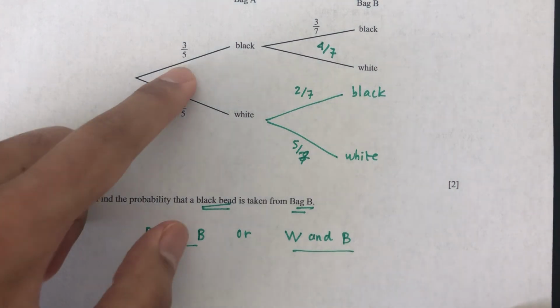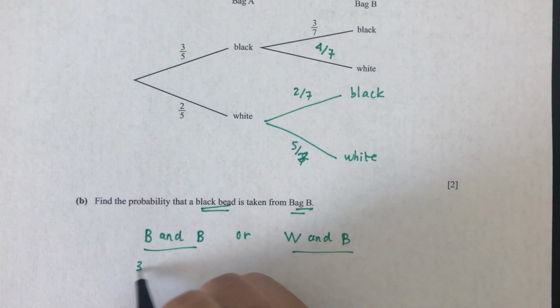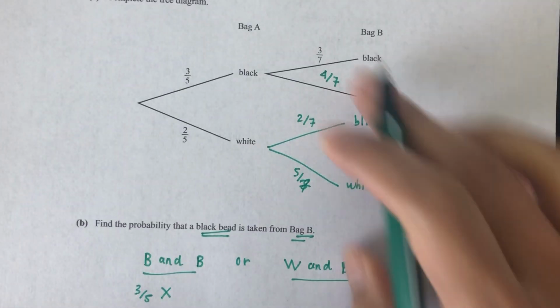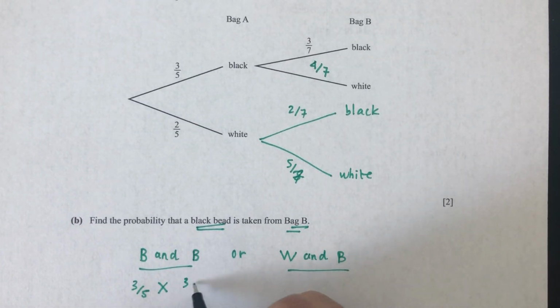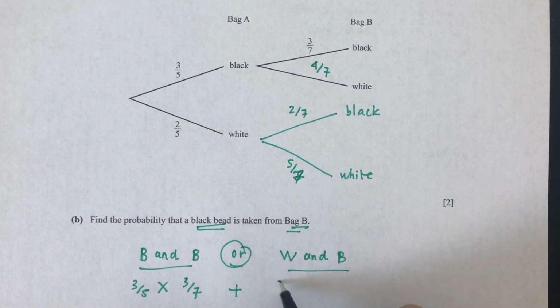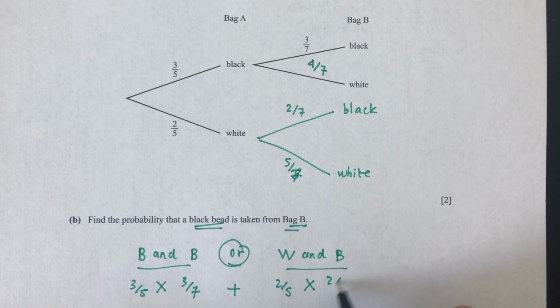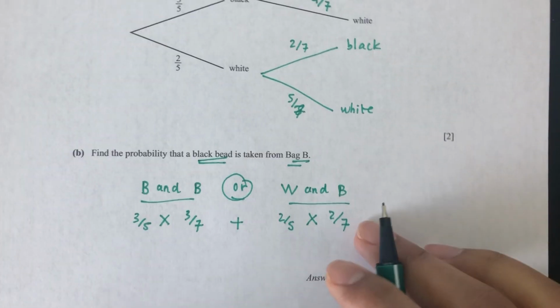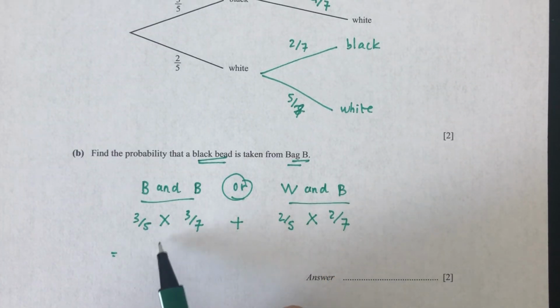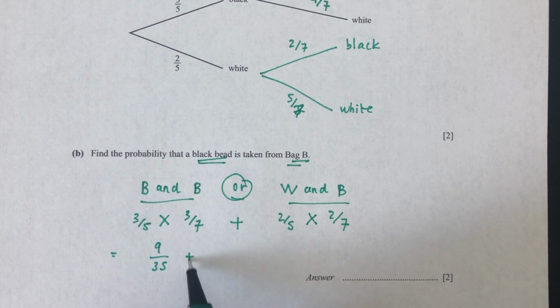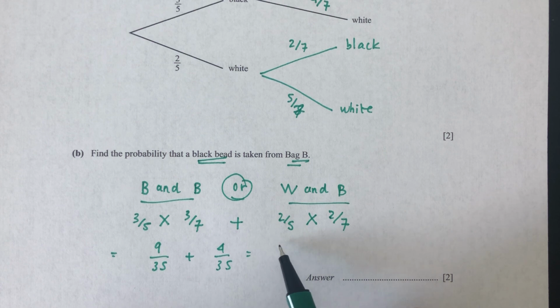The first is black and black, which is 3 over 5 times 3 over 7, plus white and black, which is 2 over 5 times 2 over 7. So let's simplify. We have 3 times 3 is 9 over 35 plus 2 times 2 is 4 over 35. We will have 13 over 35 as your answer for part B.